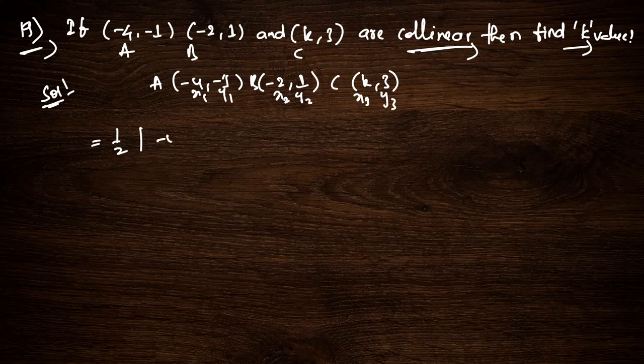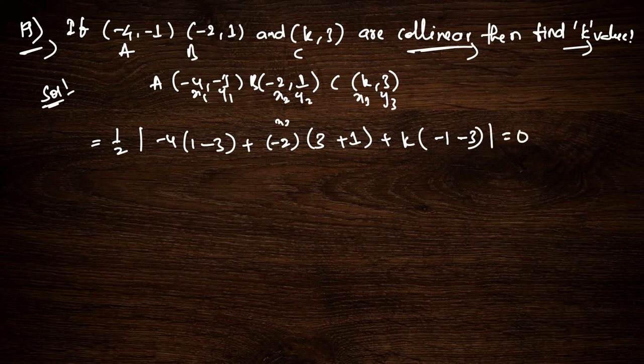So x1 is minus 4 into y2 minus y3, that is 1 minus y3, which is 3, plus x2 is minus 2 into y3 minus y1, y3 is 3 minus y1 is this plus 1, minus 1 will become plus 1. So plus x3, that is k, into y1 minus y3, y1 is minus 1 and minus 3, mod is equal to 0.